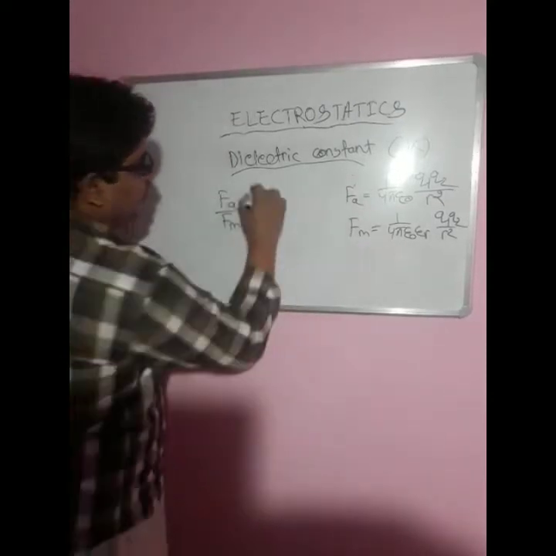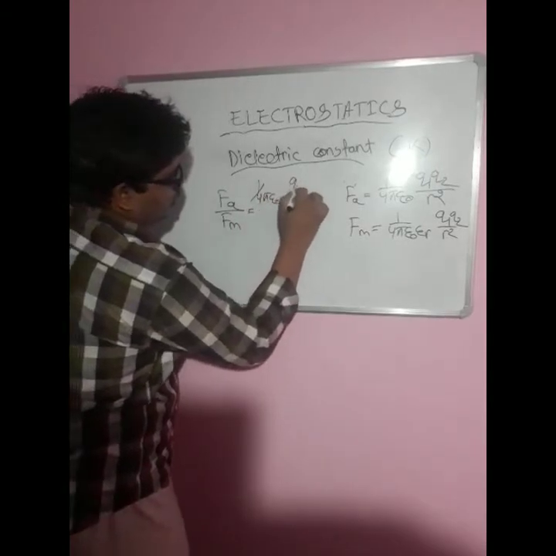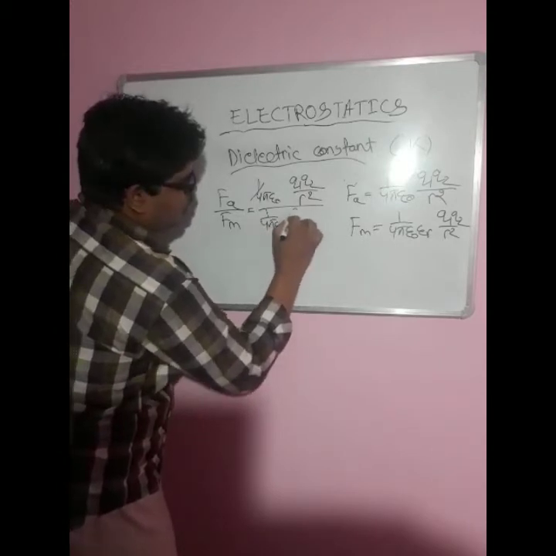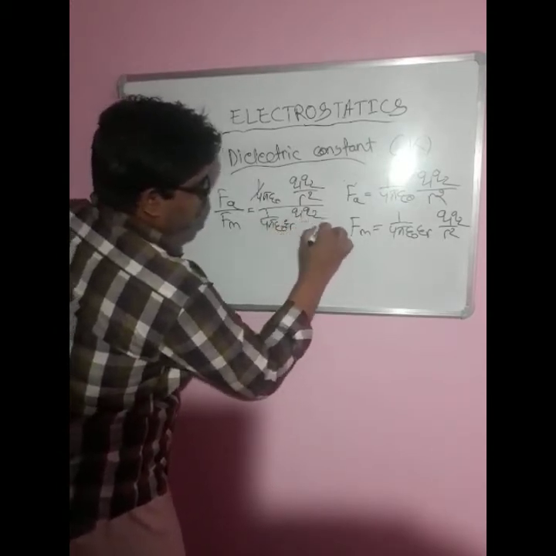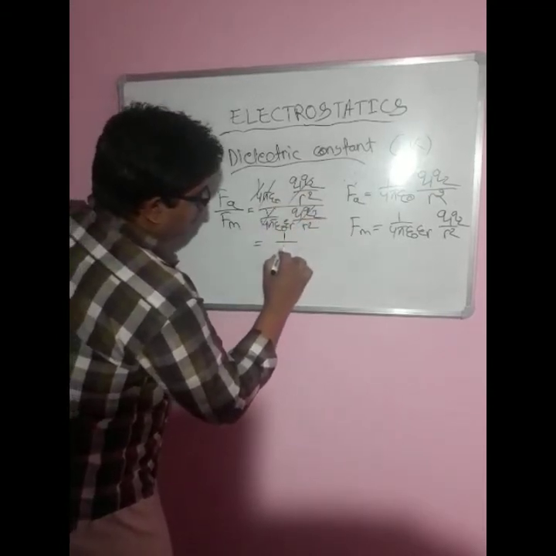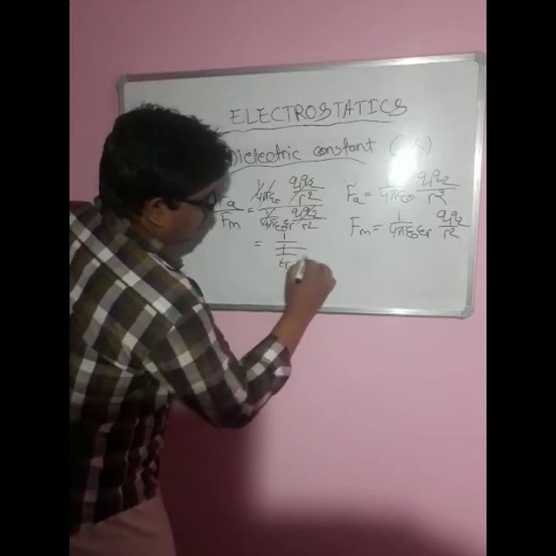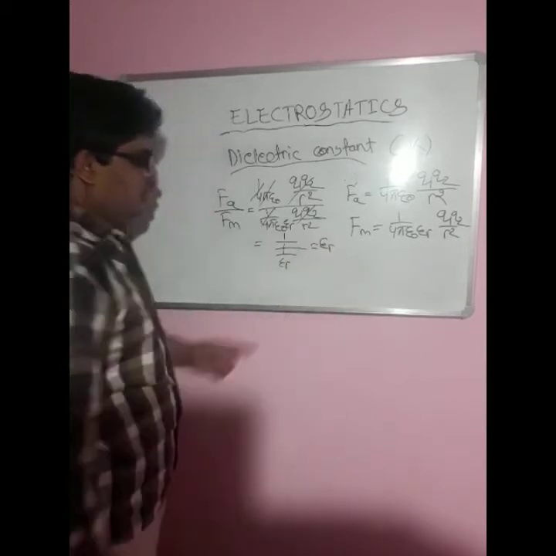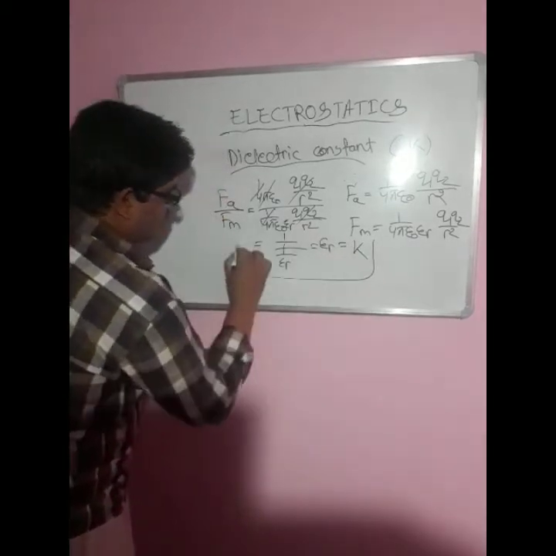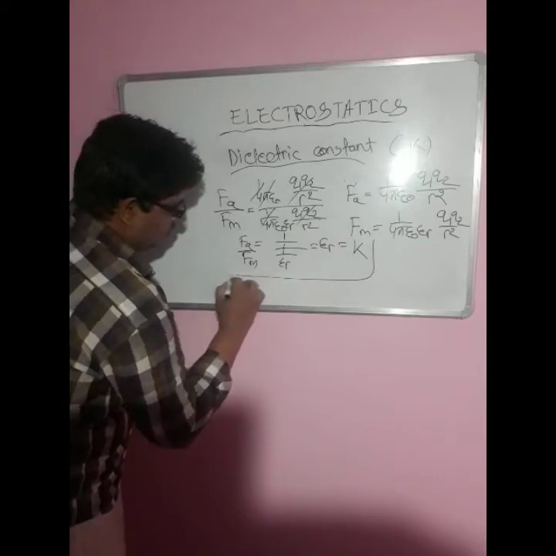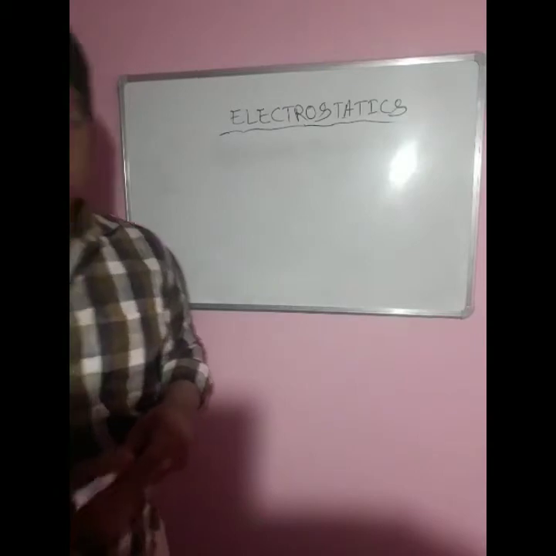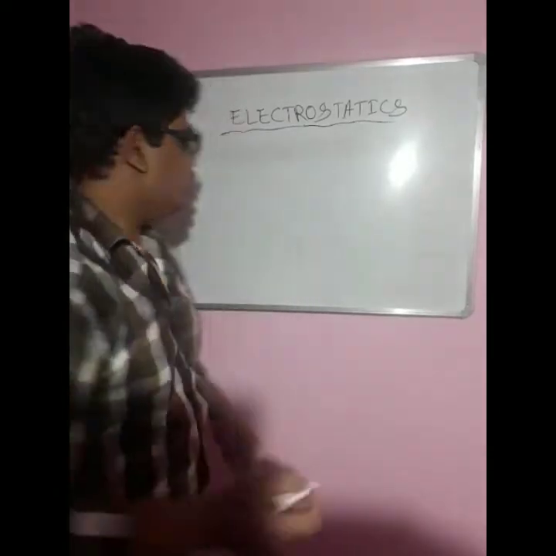Putting the values, 1 by 4 pi epsilon 0 Q1 Q2 by R square divided by 1 by 4 pi epsilon 0 epsilon r Q1 Q2 by R square, you get epsilon r. This is called K. See, here the definition comes. Now we discuss dielectric constant.